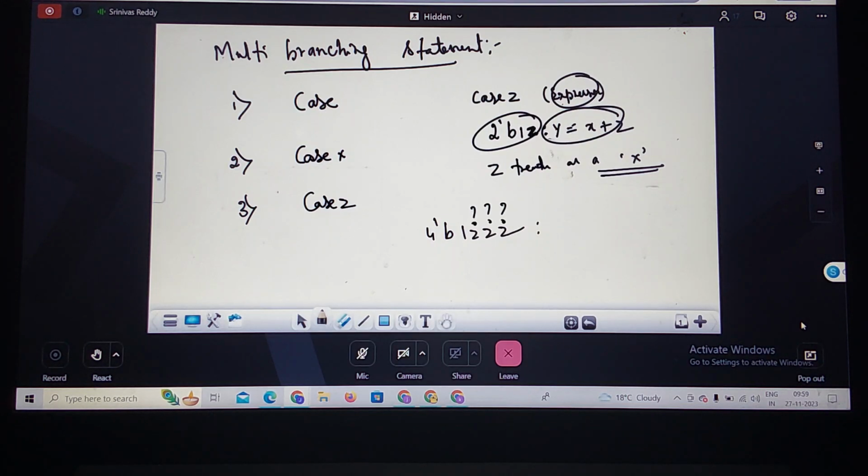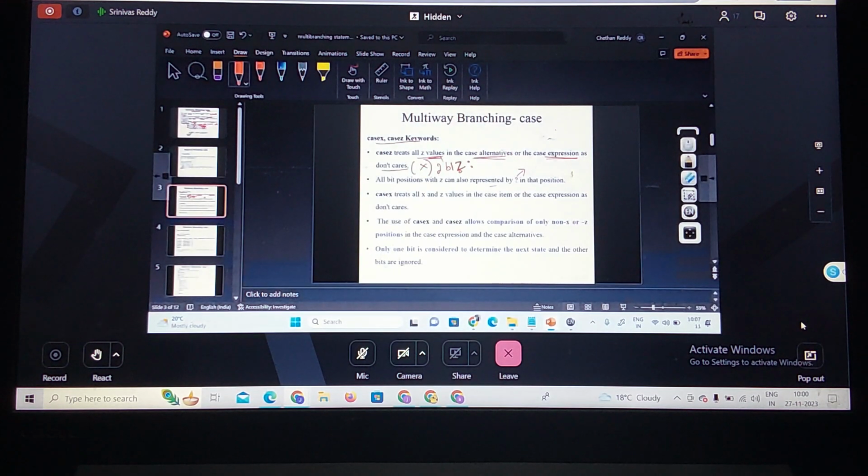Clear? This is about the case Z statement. In the case Z statement, if you write Z or a question mark in the expression or the alternatives, it will always be treated as don't care.